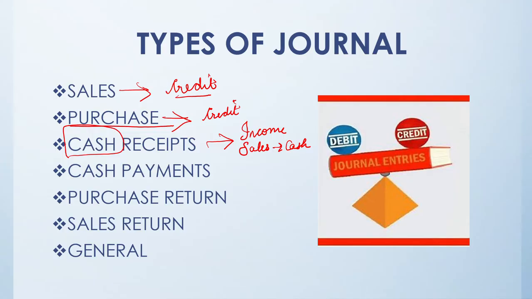Only those transactions will come under the cash receipts journal. And the next one is cash payment. As the name suggests, whatever the expenses and cash purchases, shall be mentioned here, right? That is the cash payment.